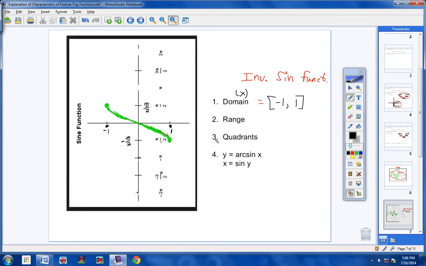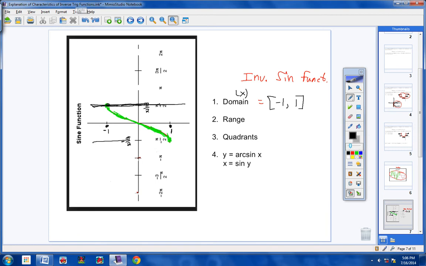Now look at the range. Well, the graph stops right here, so if you drew a line across the top and a line across the bottom, you will then see how high and how low the graph goes.